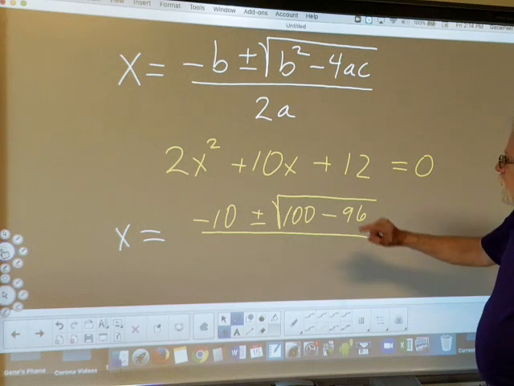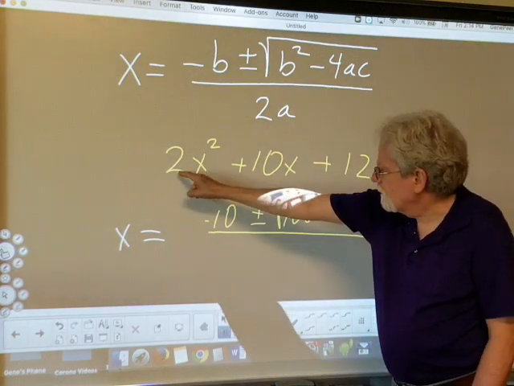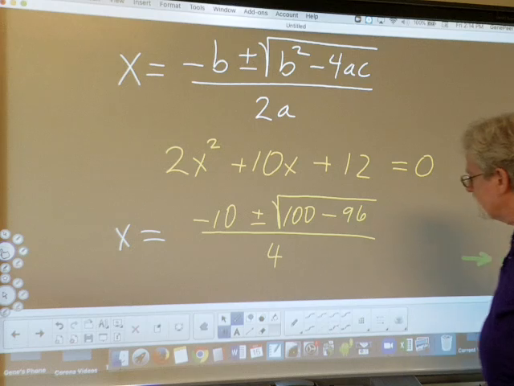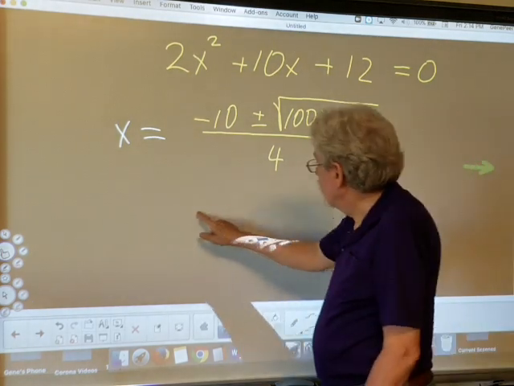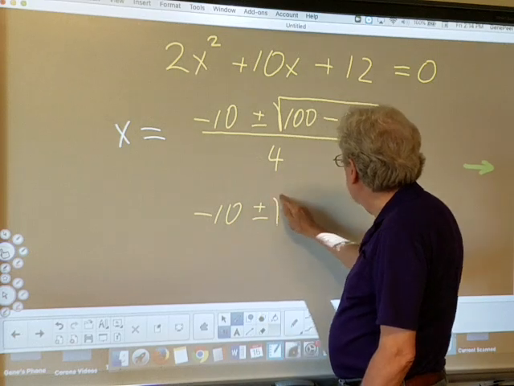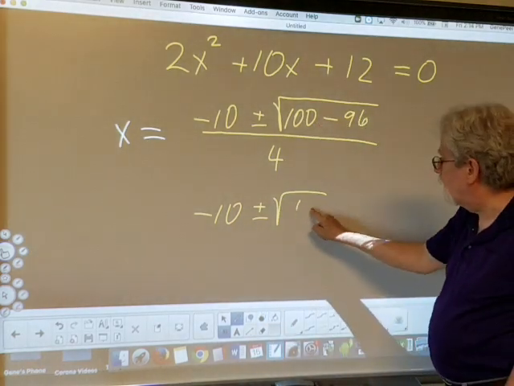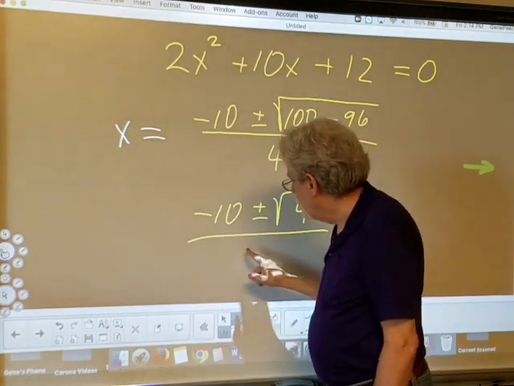All over 2 times a. That's 2 times 2, that's 4. We're practically done. Now we just simplify. We got negative 10 plus or minus the square root of, look at this, 4. We know that one. Over 4.